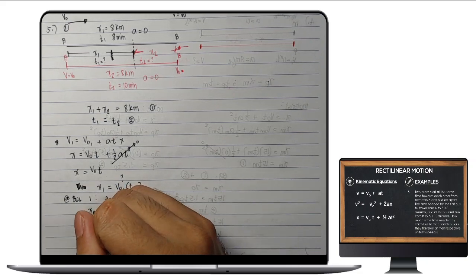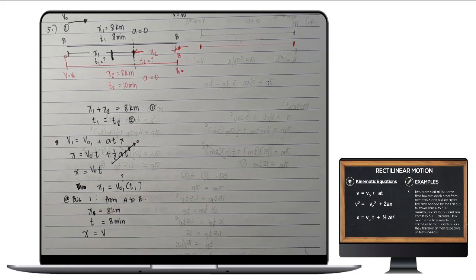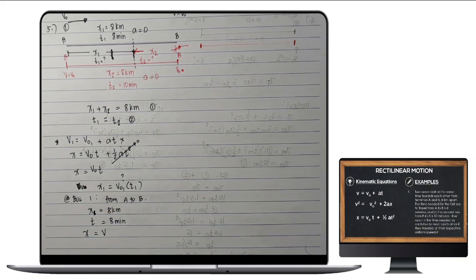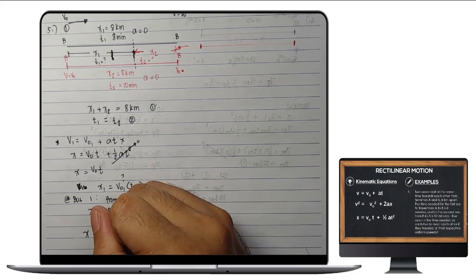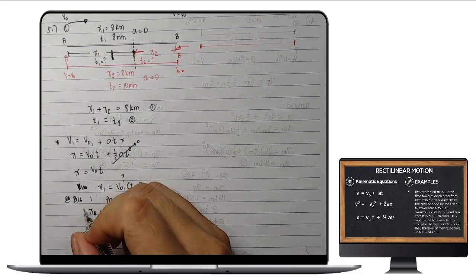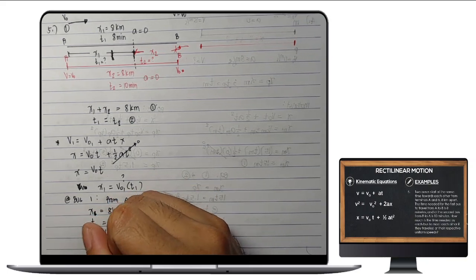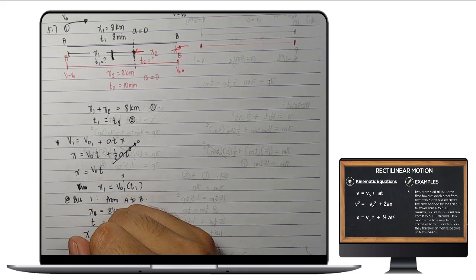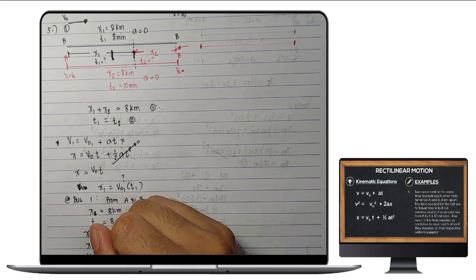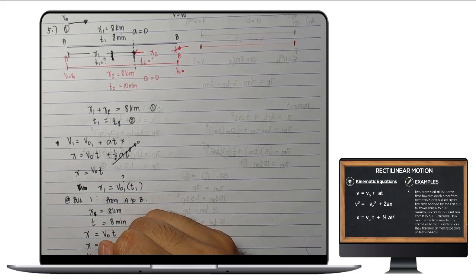Acceleration is 0, so x is equal to V0 times t. So x AB is V1 times t. Therefore, the initial velocity of bus 1 is equal to x over t.